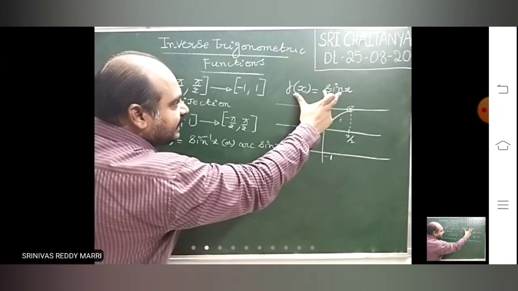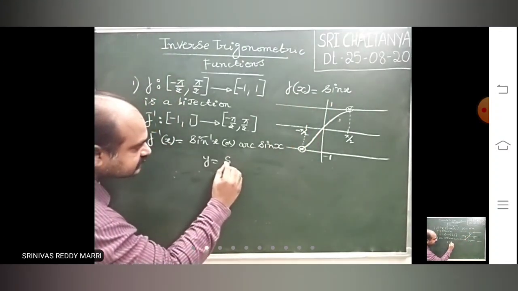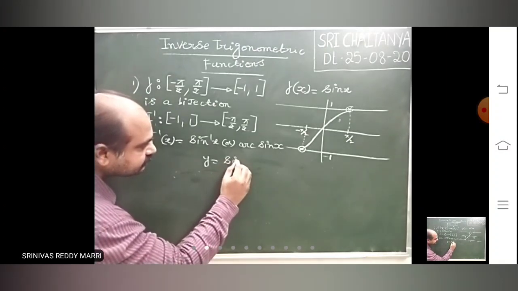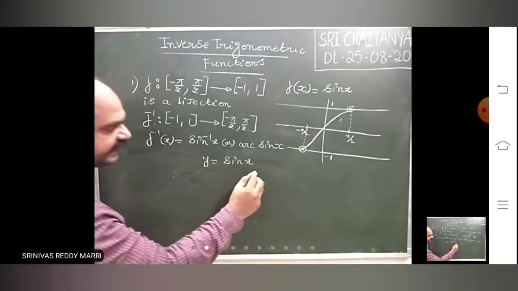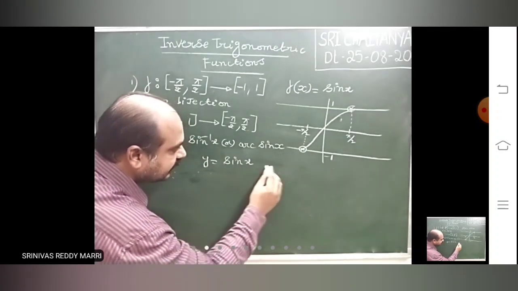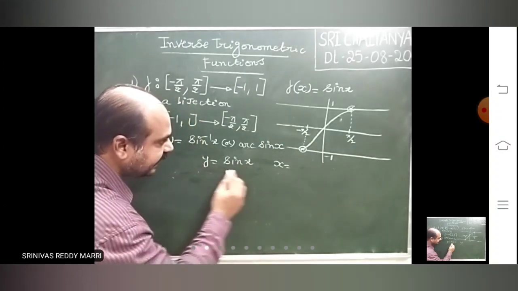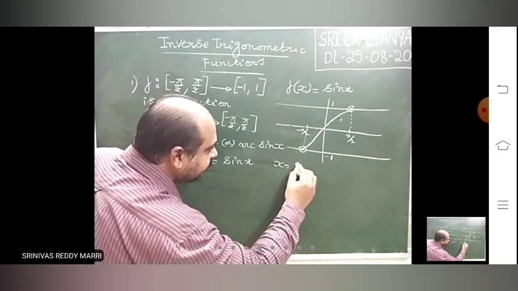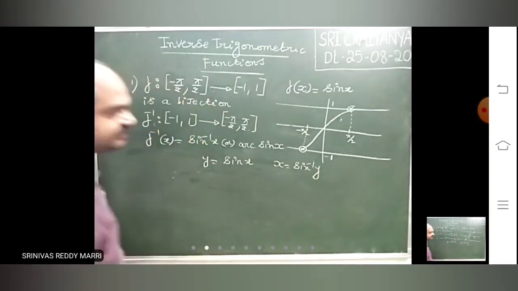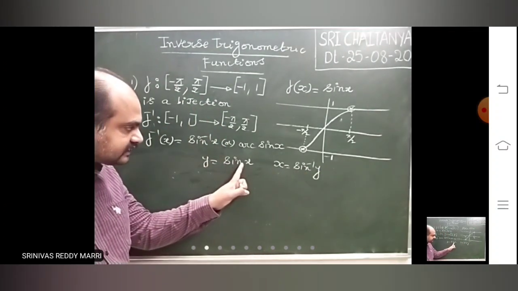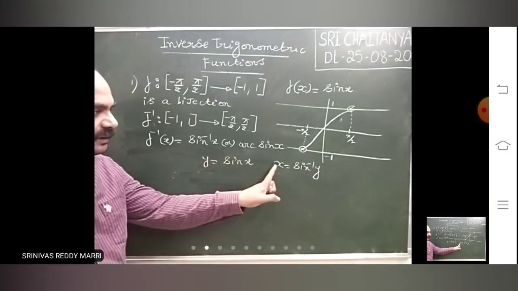Look at, for finding the inverse, what will we do? Take y equal to sine x. We will find x in terms of y. That means if it is like this, we write x as sine inverse y, bringing sine to the other side.